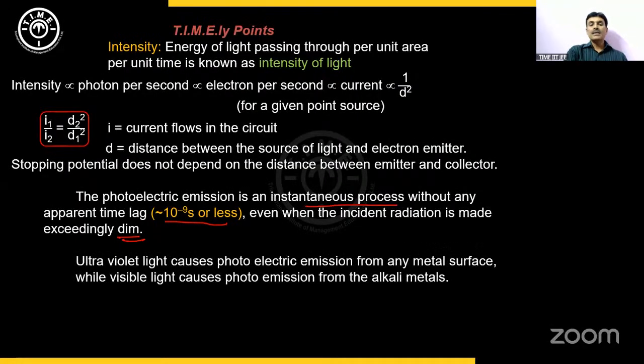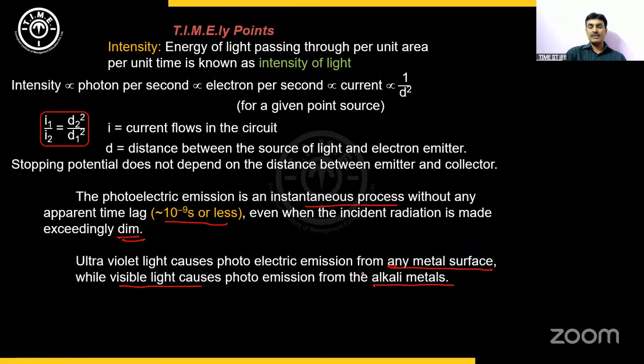Next. See, UV light, ultraviolet light, causes photoelectric emission from any metal surface. But visible light, within the range from violet to red, causes photo emission only from alkali metals.